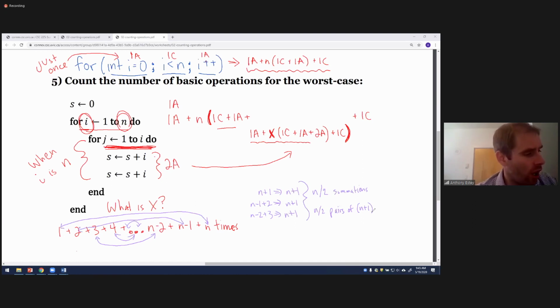So what this all evaluates to, or again, the number of times x is actually executed, is n over 2 pairs of n plus 1. So that is going to be what x is.